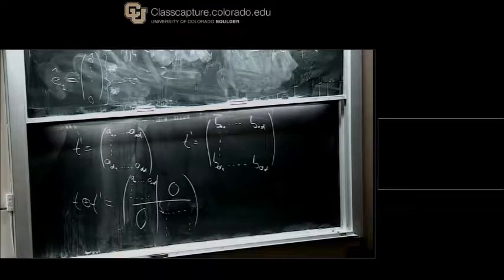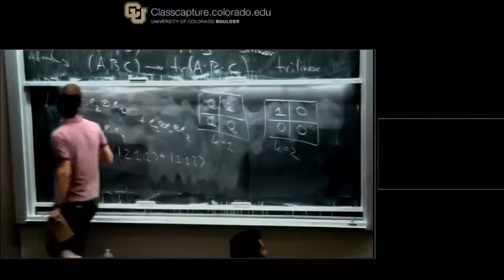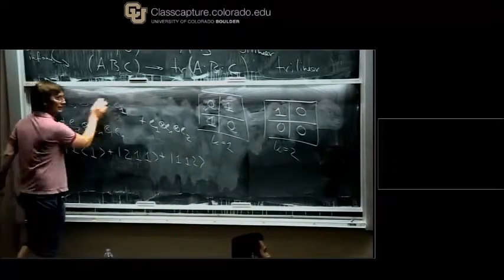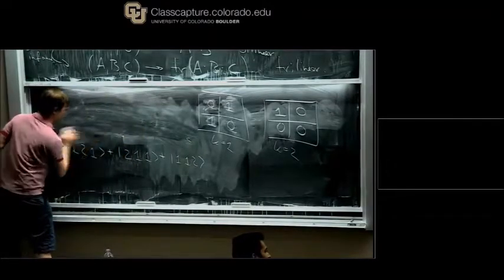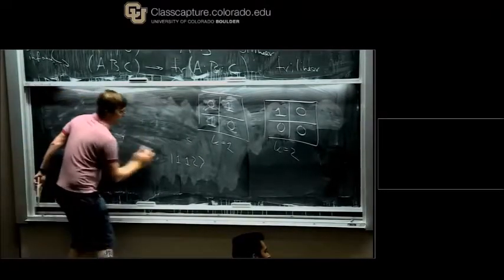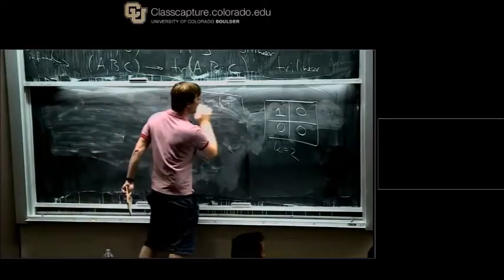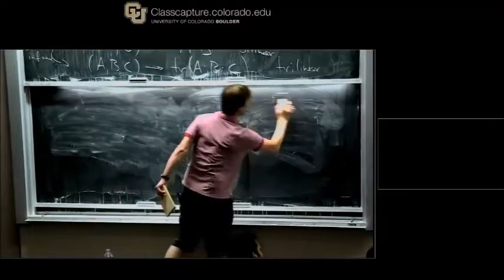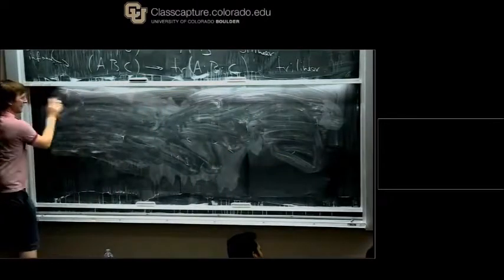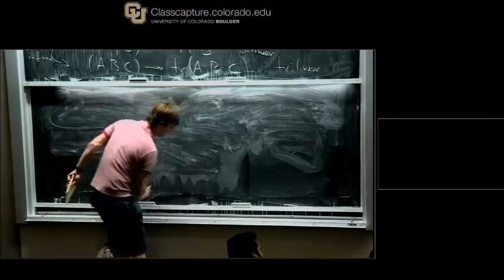Maybe I start on the left again. Okay, so what we can do now is apply this direct sum. I want to give you an example of this direct sum that is maybe a little bit unusual.